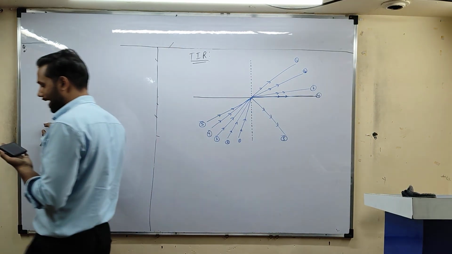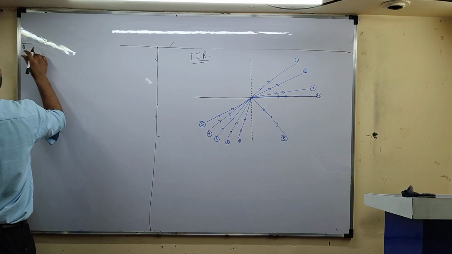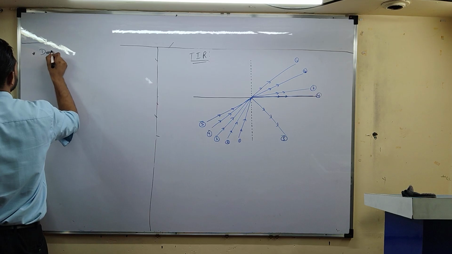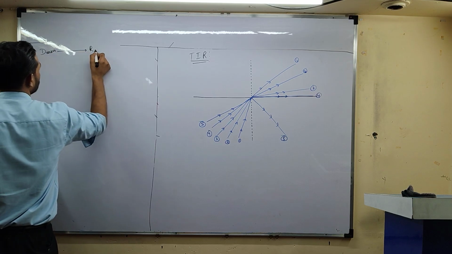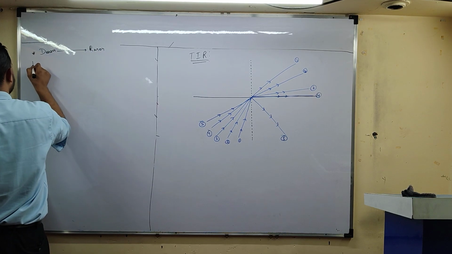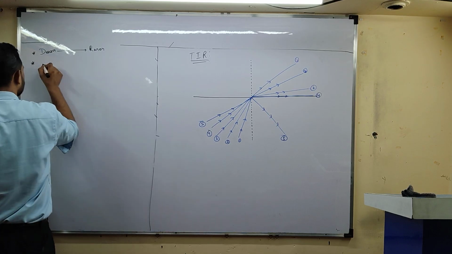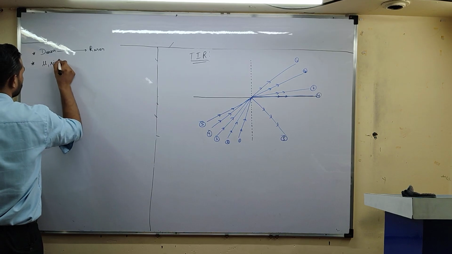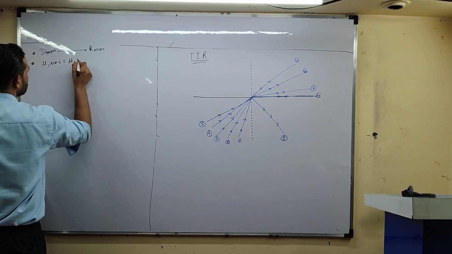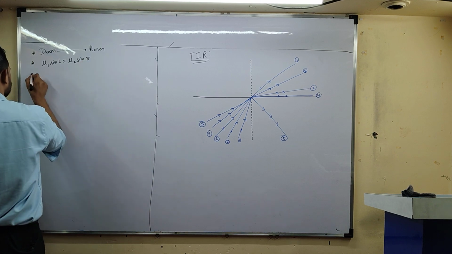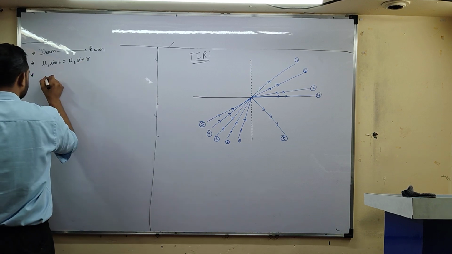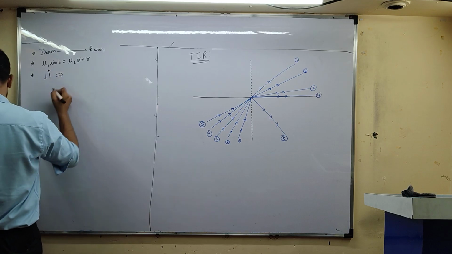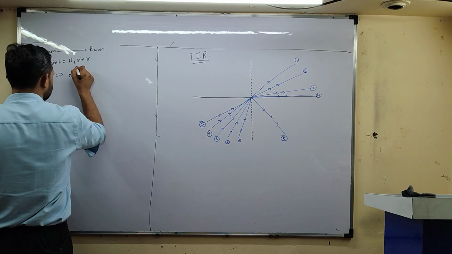Some important points, right? First, light goes from denser to rarer medium. Another point, mu1 sin I equal to mu2 sin R. Snell's law. If we increase I, R also increases.